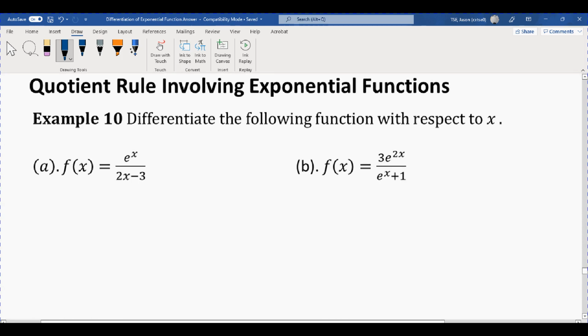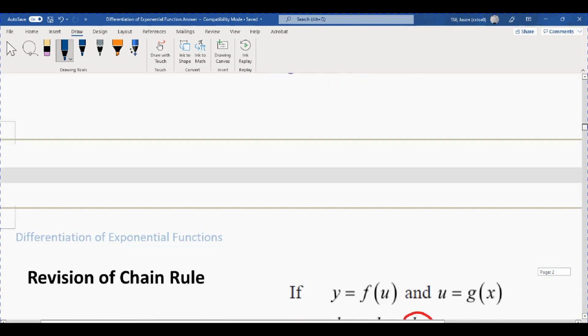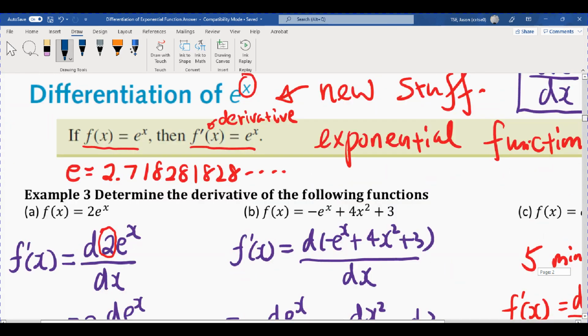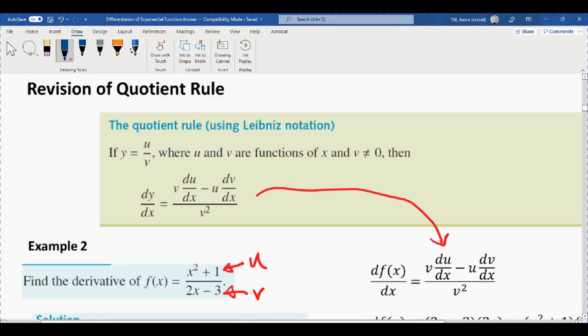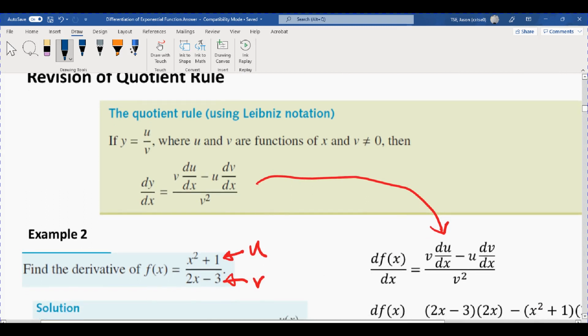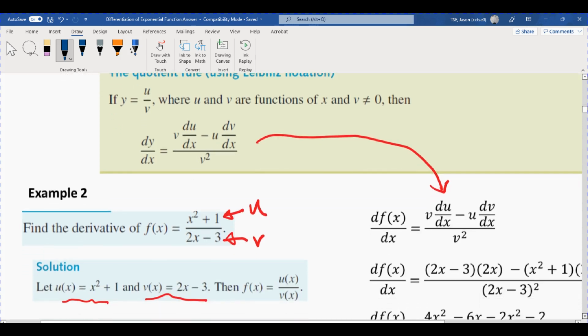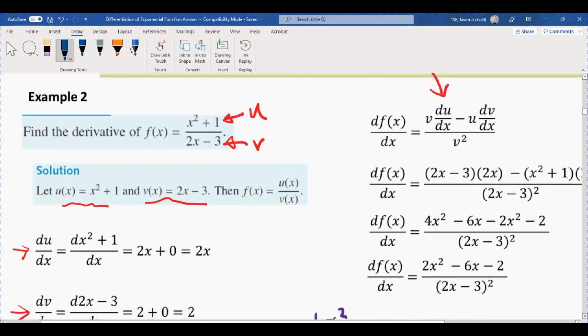Okay, so obviously this is the quotient rule. Still remember the quotient rule? Let's go back to the very beginning. Here's the quotient rule if you still remember. You need to recognize which is u and which is v, and the function must be in the form of u divided by v. Once it's in that form, then you can use the quotient rule.